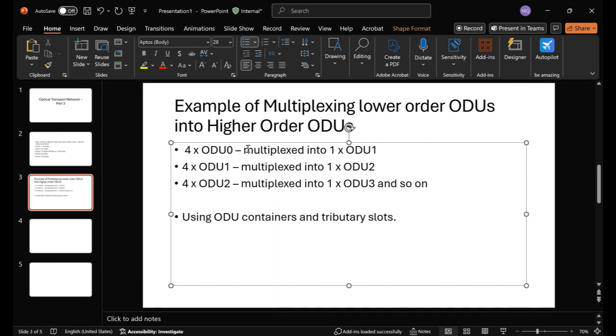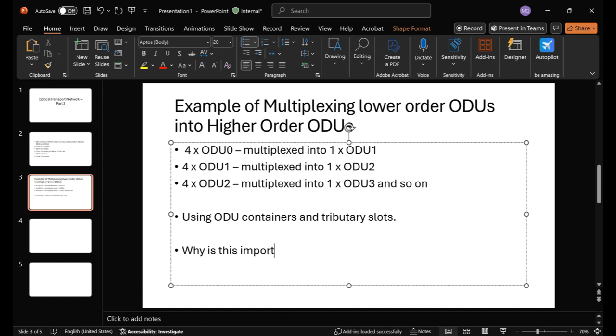Each higher order ODU has a set number of tributary slots, like compartments in a train, for example, which carry the lower order ODUs. So if you are using Huawei OSN 9800, these mappings happen inside cross connect boards or TNC-TB boards.